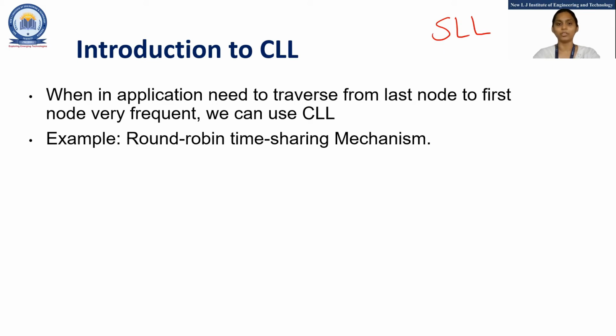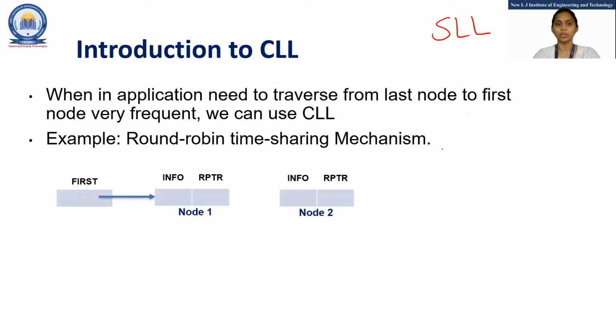It is very important why we have a mechanism where we have to continuously iterate over each and every node. Based on the application, we decide which data structure we will select for our problem solution. Here one example is given, that is the round robin time sharing mechanism. Whenever we want to do multiple tasks, the system uses the round robin method.